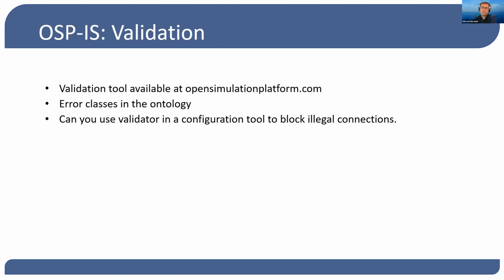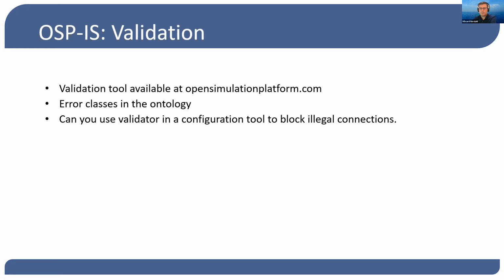When you have used OSP-IS to enrich your FMU variables with the semantic information, you can use a validator to verify that your OSP Model Description XML and the OSP System Structure XML are compliant to OSP-IS. We have also defined the error classes in the ontology such that clear and meaningful error messages can be provided.